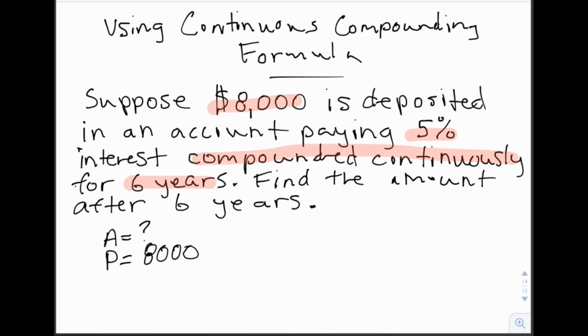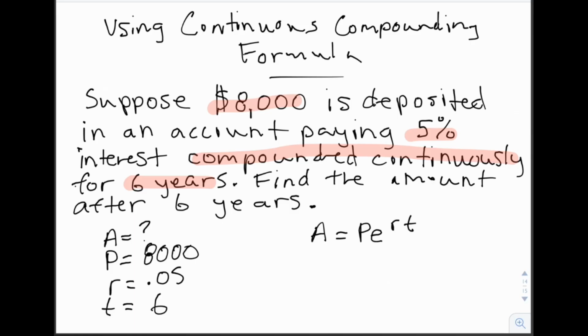And then finally our R and our T, let's go ahead and find those. Our R is equal to 5%, or 0.05. And then our T is our time, which is equal to a 6. So using our formula, A is equal to P e to the rt.